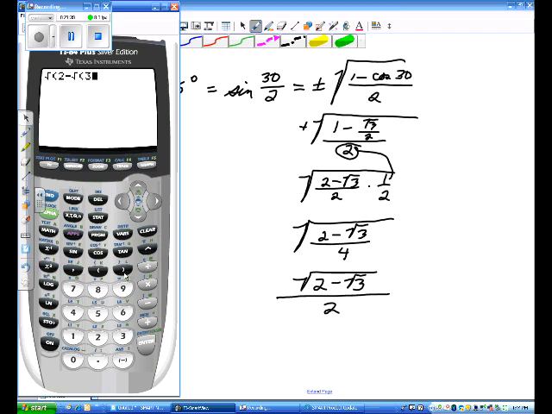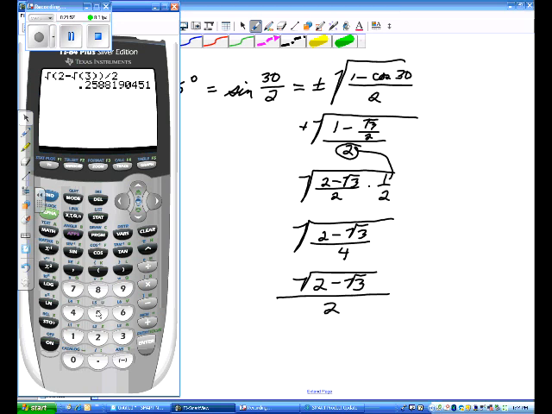Okay, we're closing it for the square root of 3, then we're closing it for what was under the radical, divided by 2. And we get 0.25. Now, I had already checked to make sure my calculator was in the degree mode, but you would want to check that.